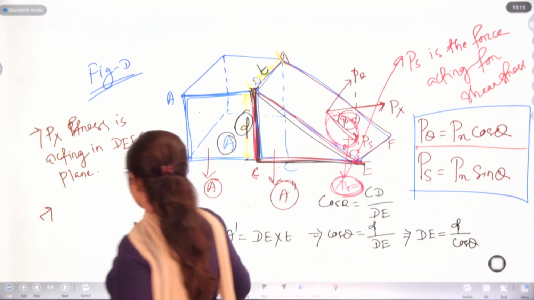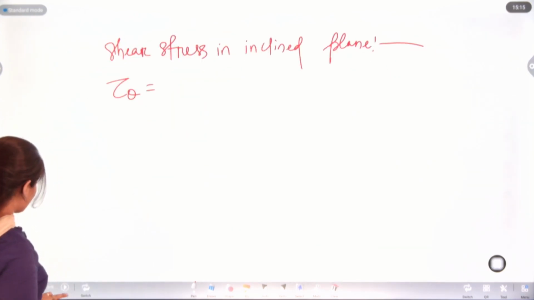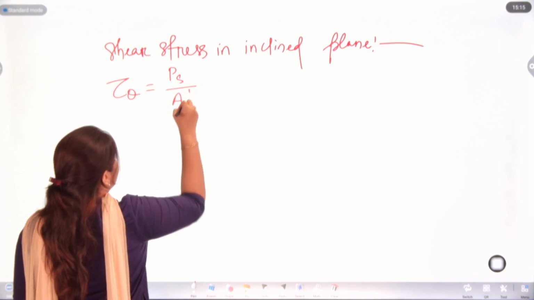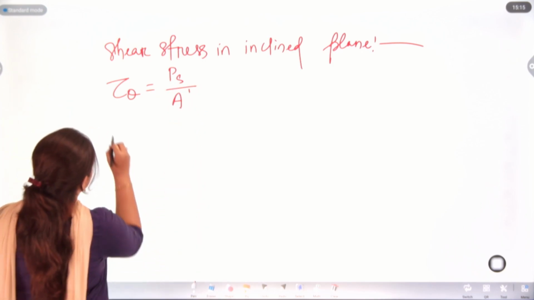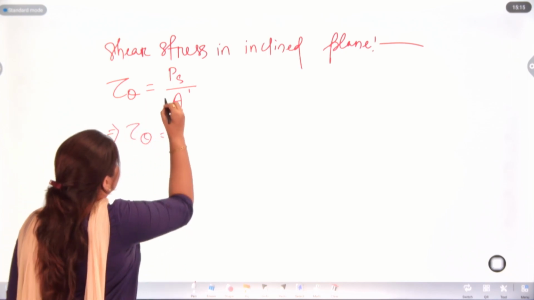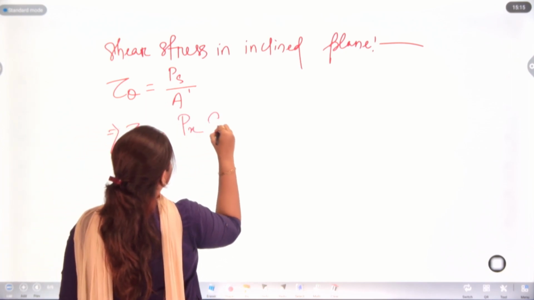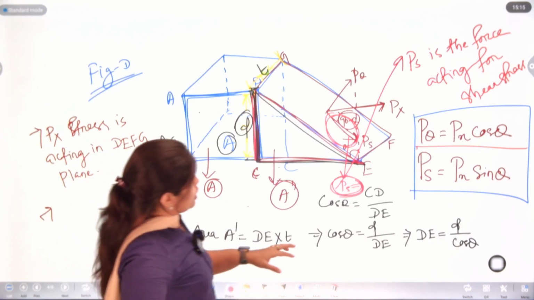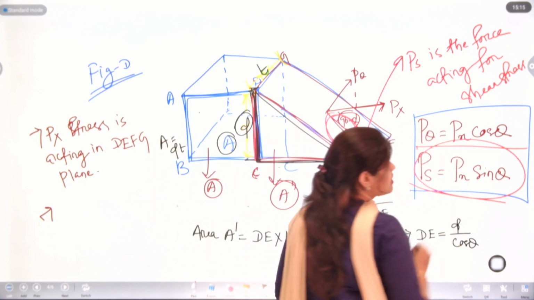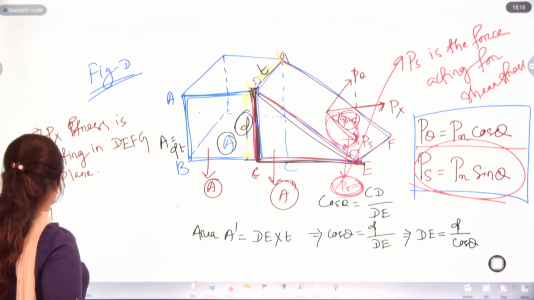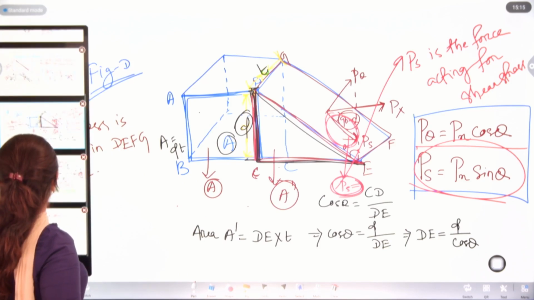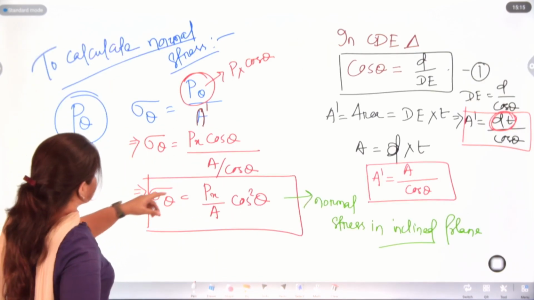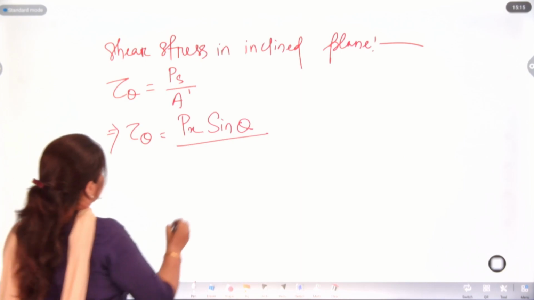To find out tau theta, we will use Ps upon A dash. So, tau theta will be Px sin theta, you can see here Ps is our Px sin theta, upon A dash, and we have already found out A dash is A by cos theta.